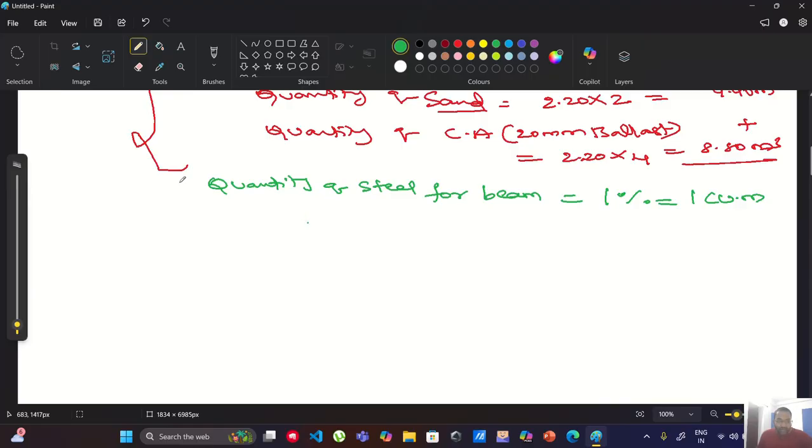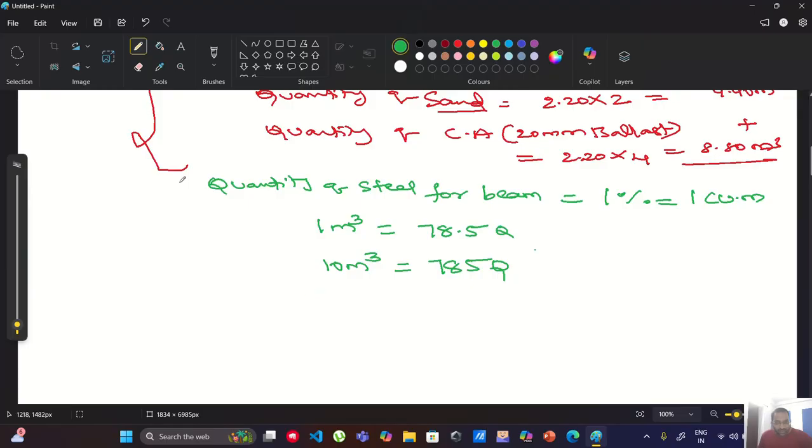Listen carefully, for 1 meter cubic, in quintal it is 78.5 quintal. Am I right? But here in the problem we have taken the unit 10 cubic meter. For 10 cubic meter it is 785 quintal.